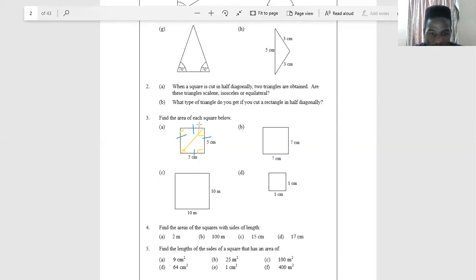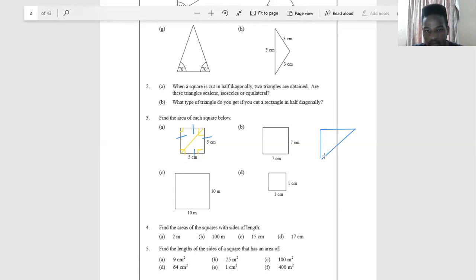Then if you take this triangle here, let me draw it, guys. Take one triangle, it will be something like that, with this being our diagonal line.